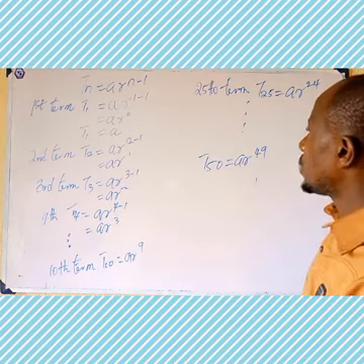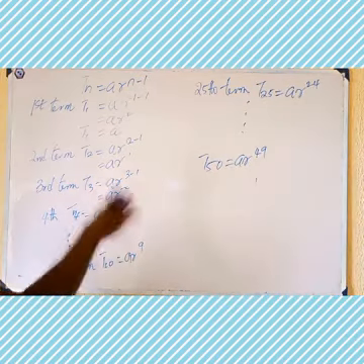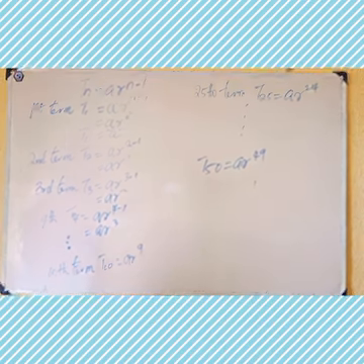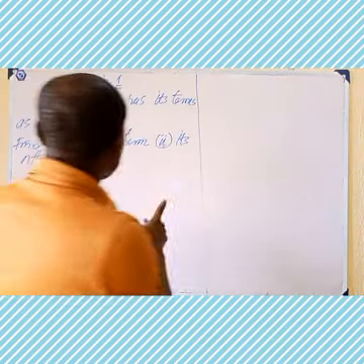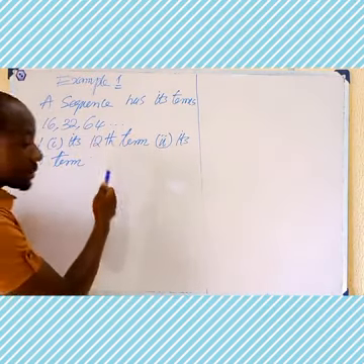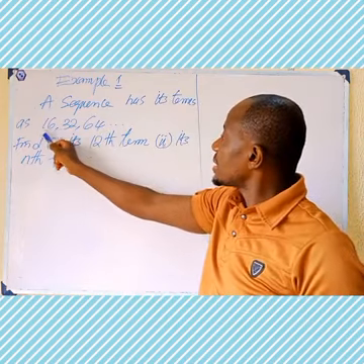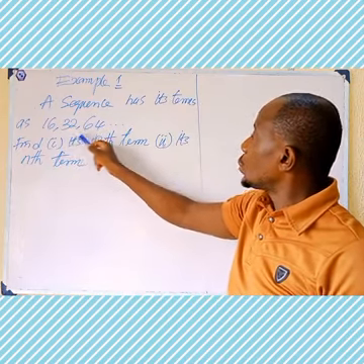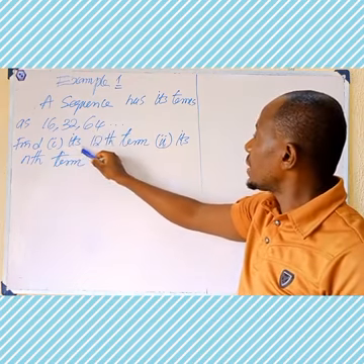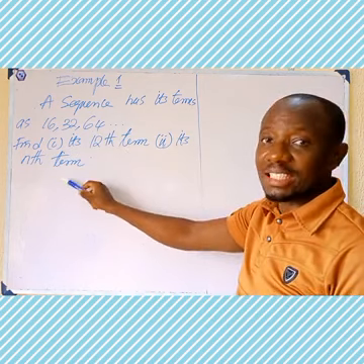Okay? Alright, so let's go back now and look at our example 1, having been able to interpret and explain this. Now we are going to look at our first example for today. They said that if a sequence has its terms as 16, 32, 64, find the first 12th term and its nth term.